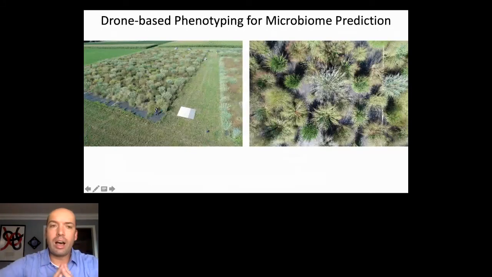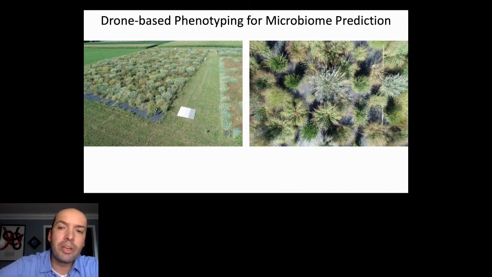Finally, we've been trying to combine these results looking at the microbial community with drone-based phenotyping. Along with collecting data on the total microbial community, and then rust pathogens, smut pathogens, and viruses, in collaboration with Carolyn Malmstrom at Michigan State University, we've been collecting drone-based hyperspectral data throughout the field season, which pairs up with that, as well as leaf level physiology.